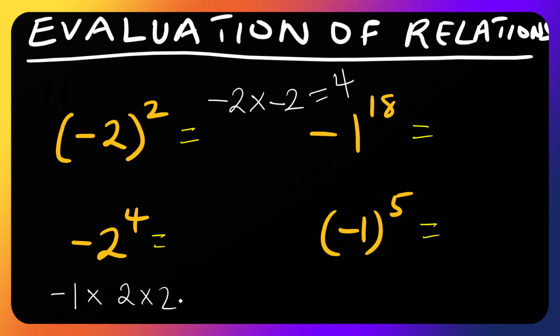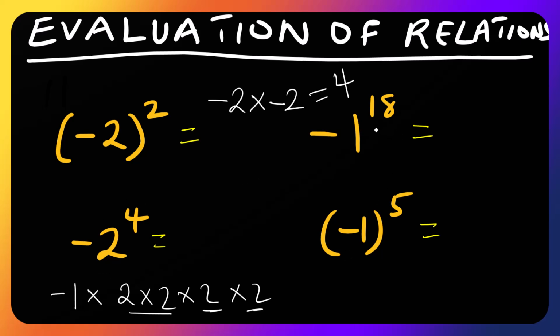We can say minus 1 times 2 times 2 times 2 times 2, 1 2 3 4. So 2 times 2 is 4, 4 times 2 is 8, times 2 is 16, so minus 16. So understand that if there is no bracket here, you just bring the minus 1 out, then you deal with the rest.